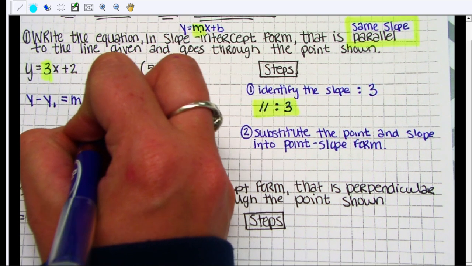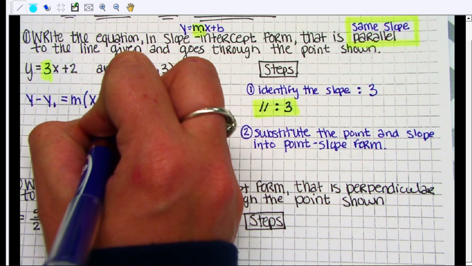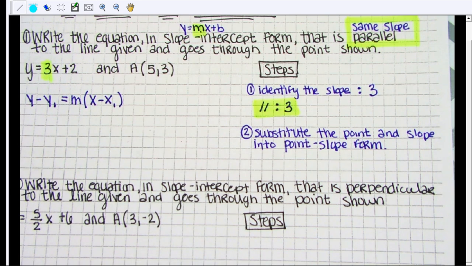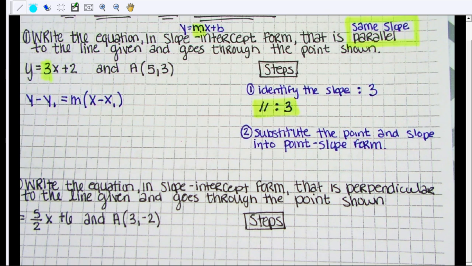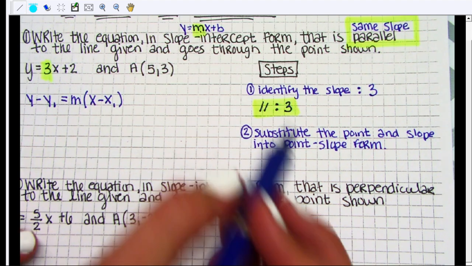There we go. It took us a while, but we did it, and that's all that matters. Okay, so that is called point slope form. It is called point slope form because to graph the line, I need a point and a slope. Point slope form, okay? So step 2 is to substitute into this form.